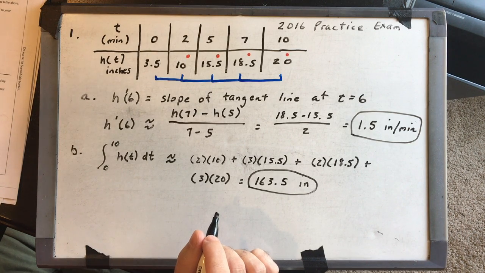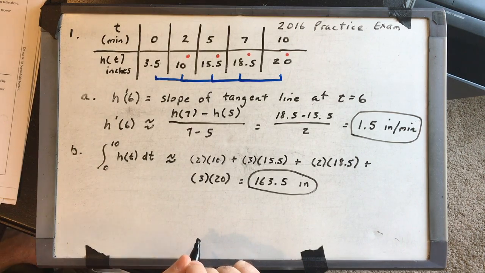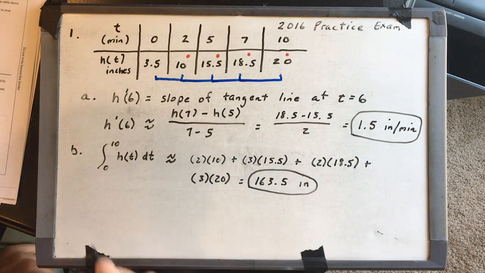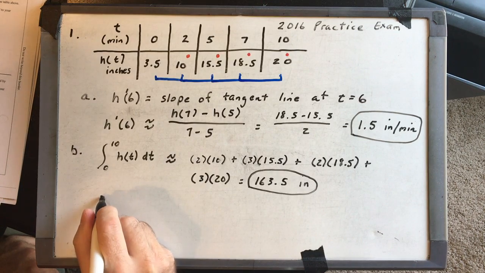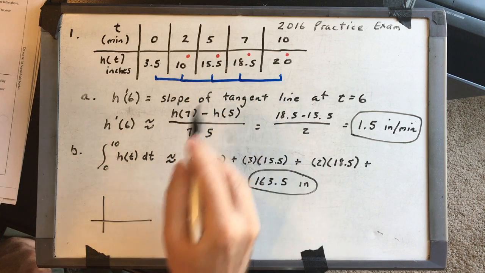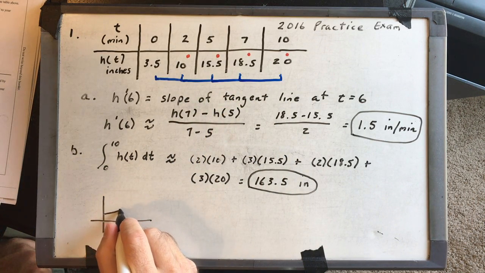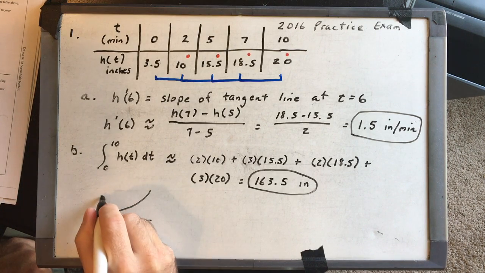The second part of part B says, is this approximation greater or less than the actual value? We know it's an increasing function, okay? If we were to graph this, we know that h of t starts at 3.5 and gets up to 20.